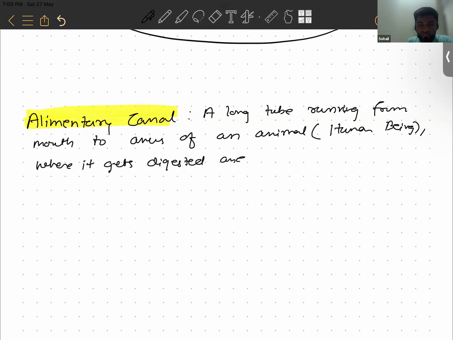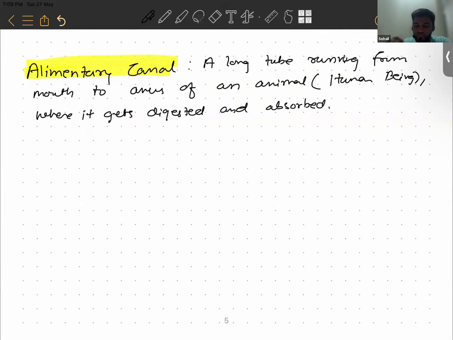That is simply called an alimentary canal. Now there are other names of the alimentary canal also, that is known as gut or digestive tract.